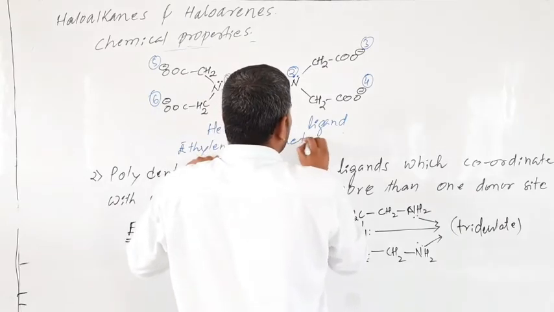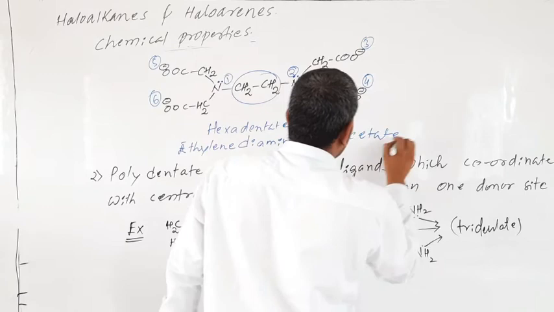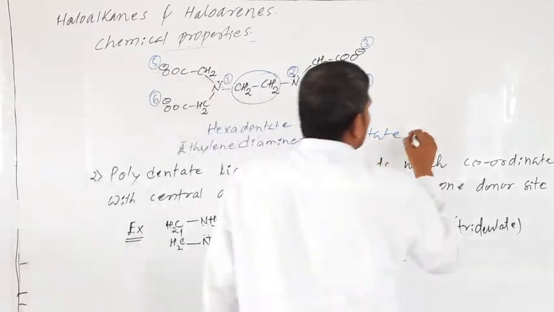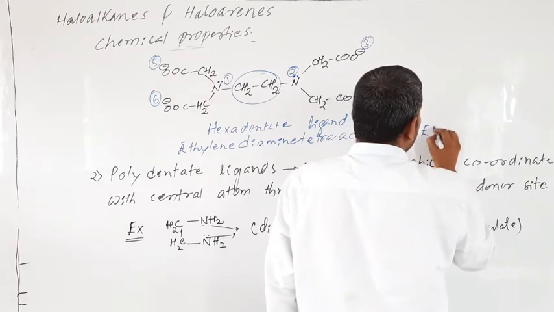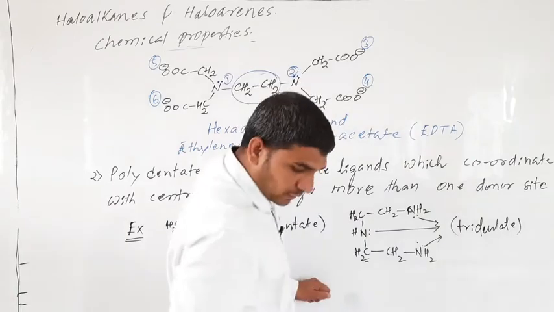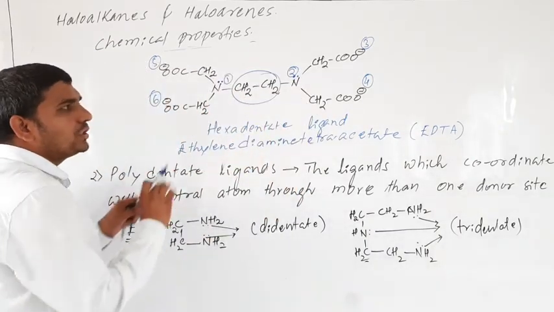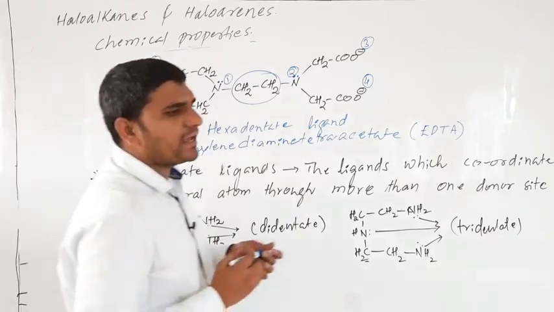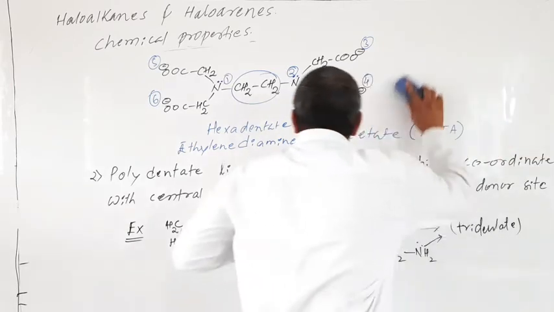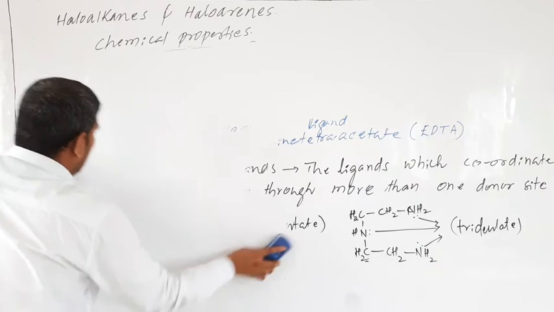Ethylene diamine tetraacetate, shortly EDTA. Understood? This is an example of a hexadentate ligand. Now, next terminology. This is the classification regarding ligands.